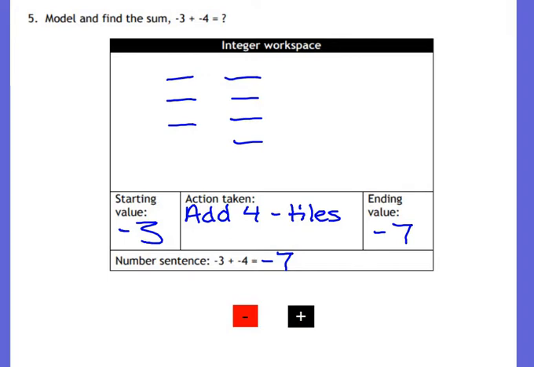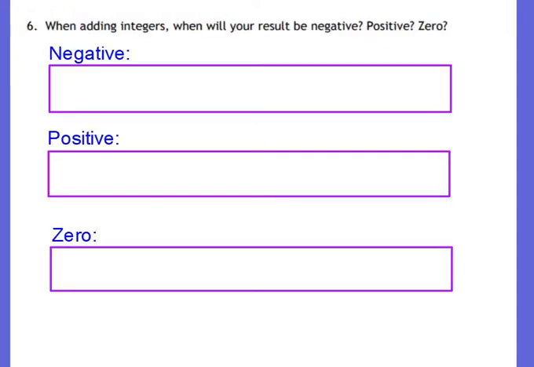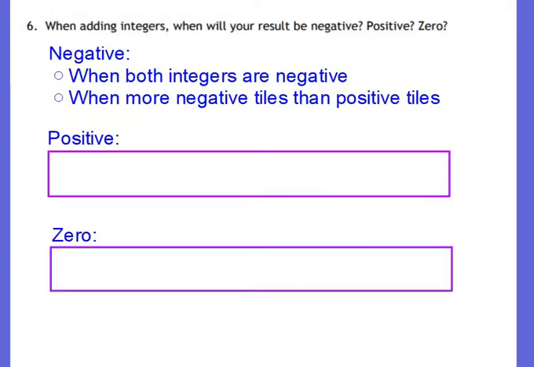Because those numbers were negative, so the negative took over. Both integers were negative, so the only choice it had was to be a negative answer. So that is the only way for us to get a negative answer: when both integers are negative, or when there are more negative tiles than positive tiles.